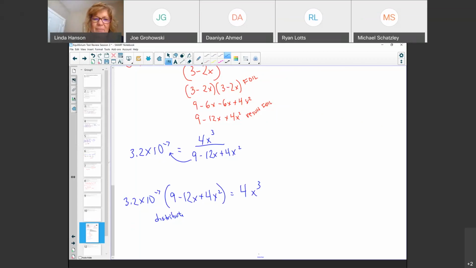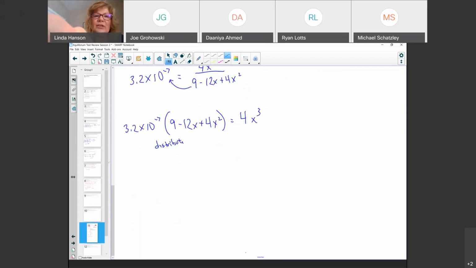I'm going to change color to purple. 3.2 times 10 to the -7 times 9, I found 2.88 times 10 to the -6. Times minus 12 gives minus 3.84 times 10 to the -6 x.